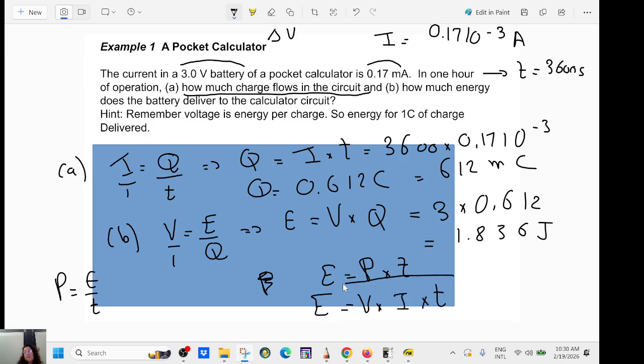So instead, you can use that equation here: power is voltage across times current through, times the time during which the current was flowing. And you will get the same thing. So you can do it 3 times 0.7 times 10 to negative 3 times 3600, and you get the same thing. So you can do it a different way.